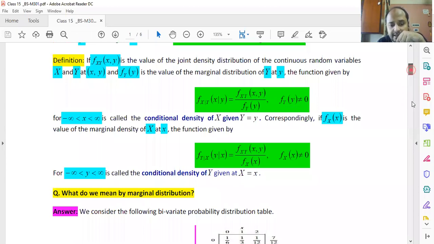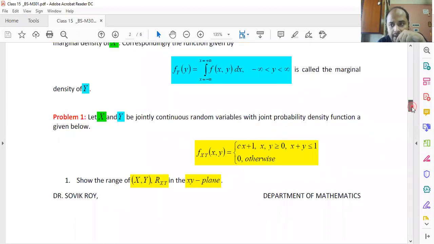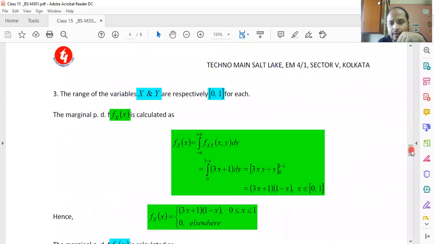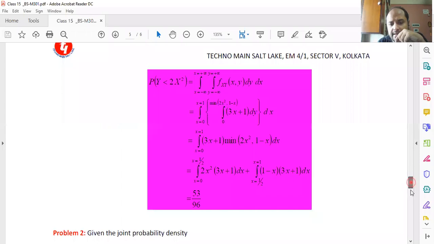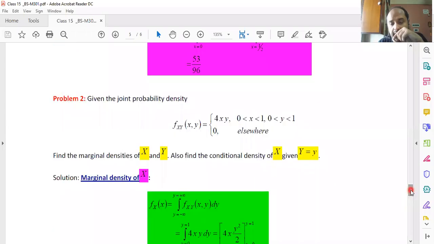Now, after this, here is a problem for you, problem number 1. But before I discuss problem number 1, I shall discuss problem number 2. I will tell you why I'm doing so. Because in problem number 1, we didn't calculate the conditional density. Conditional density was absent.